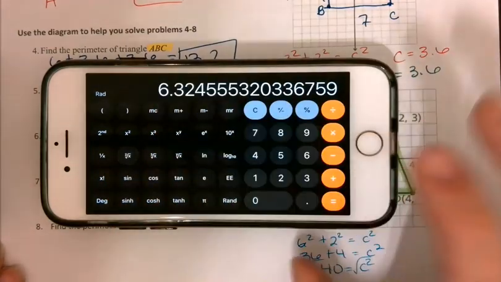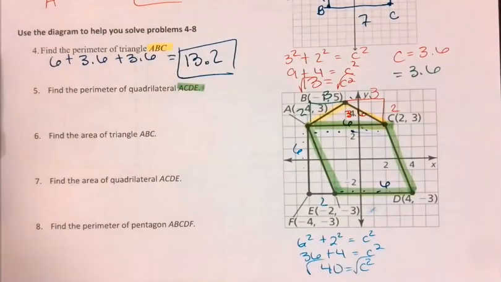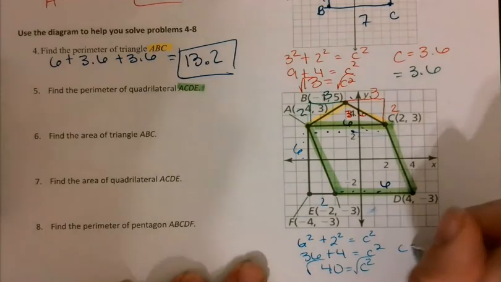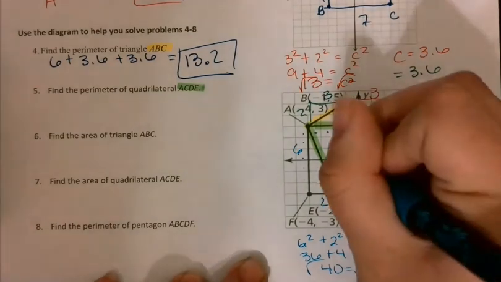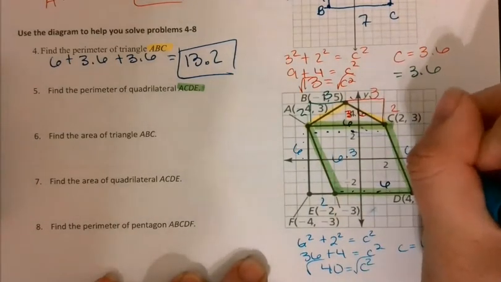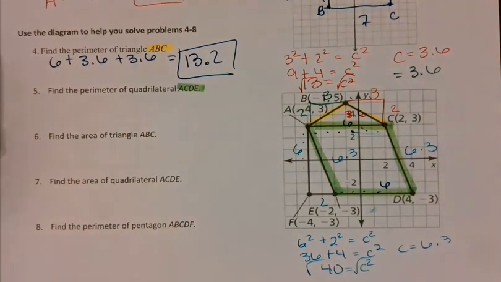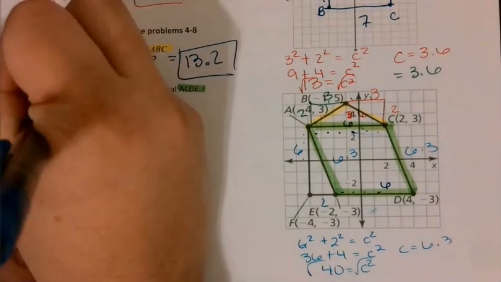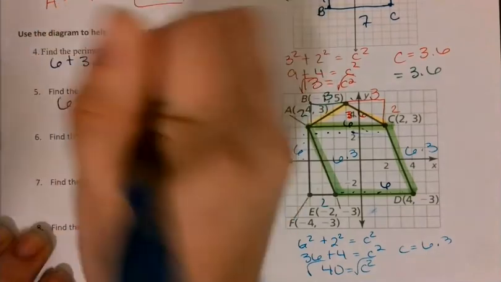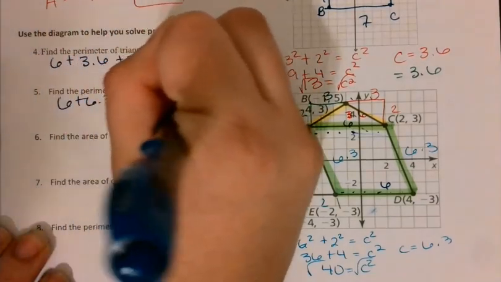Do 40, then square root, I get 6.3. So this is 6.3 and 6.3. So this one I'm going to add 6 plus 6.3 plus 6 plus 6.3.